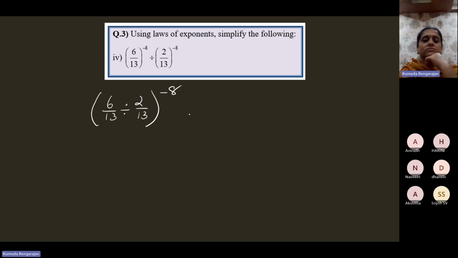Yes, ma'am. Bases are different but the power is the same for both, and it's division. Only for multiplication and division does this law hold good, not when it is addition or subtraction. When it's plus or minus, you cannot use this rule.